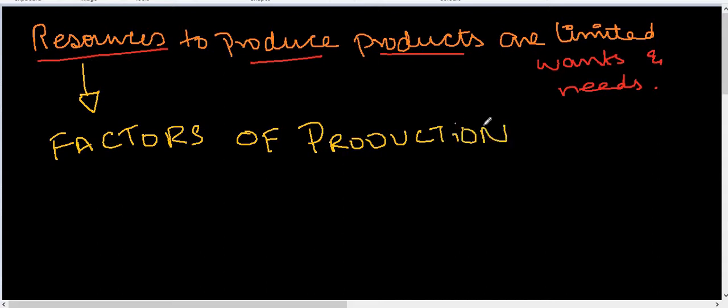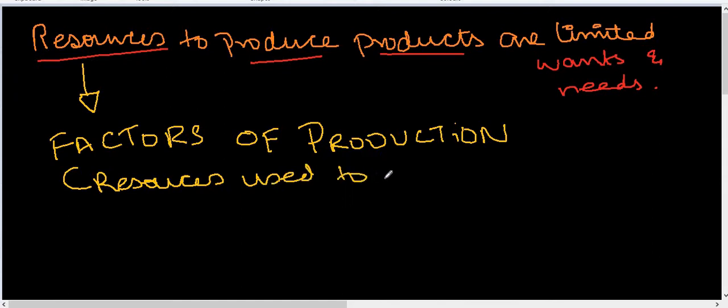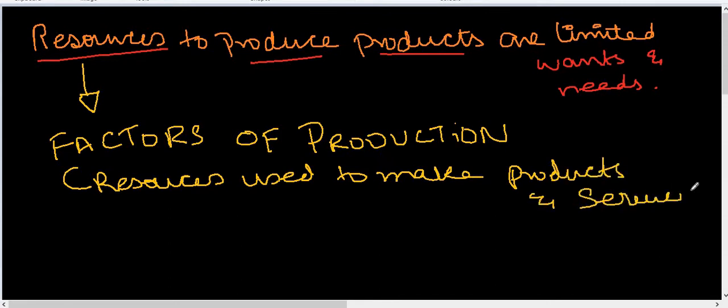You can also call them resources used to make products and services.